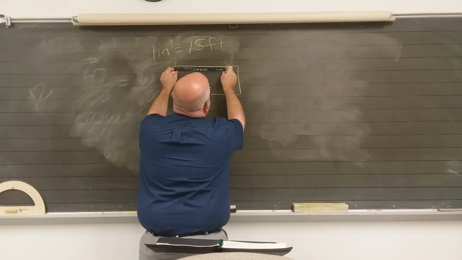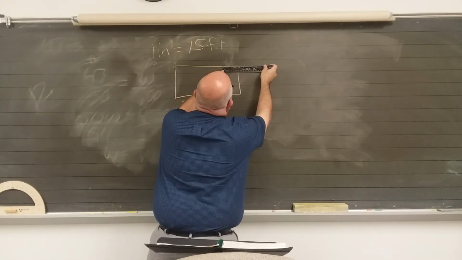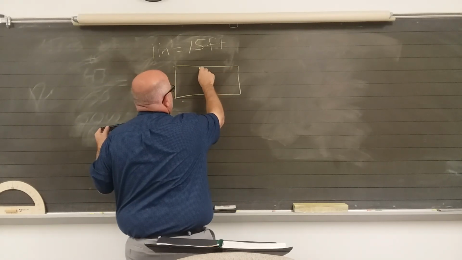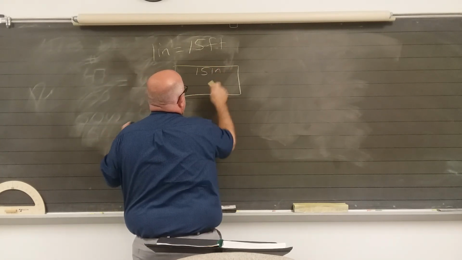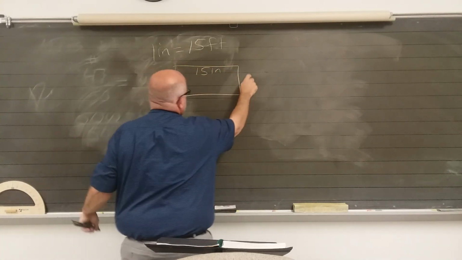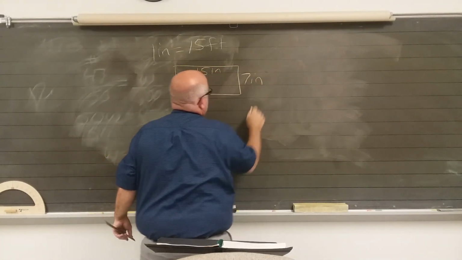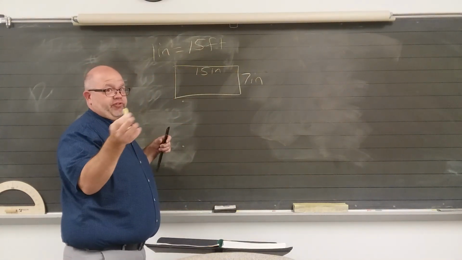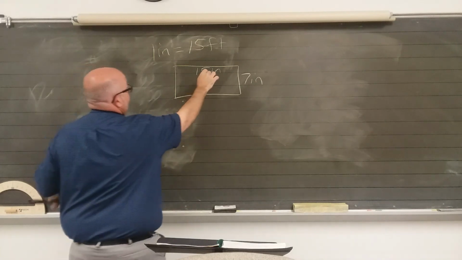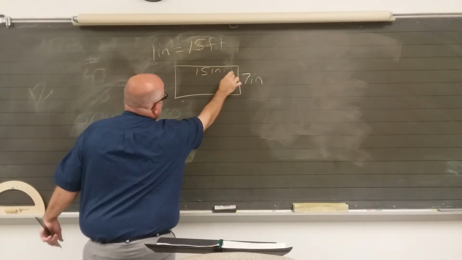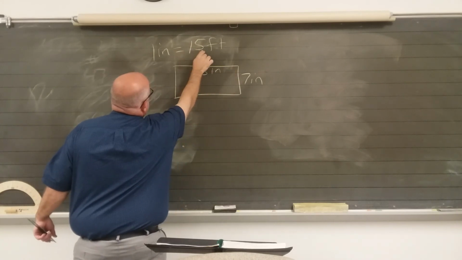So here you measure: this is about 15 inches, and this is about 7 inches. All right? So your scale drawing will be how many feet long and wide. 1 inch equals 15 feet.